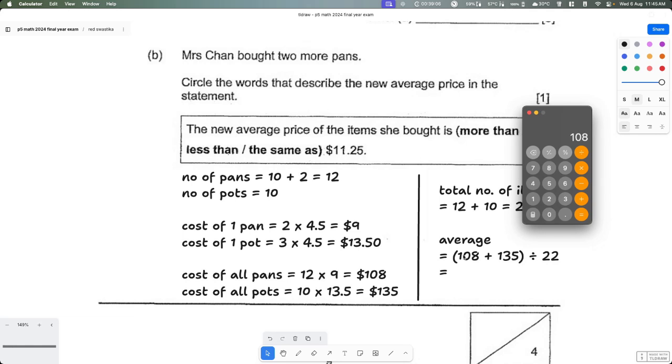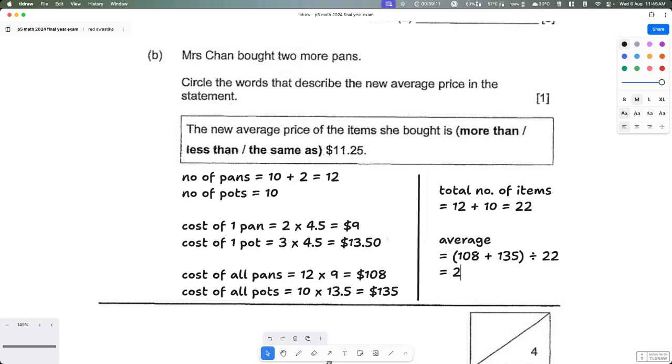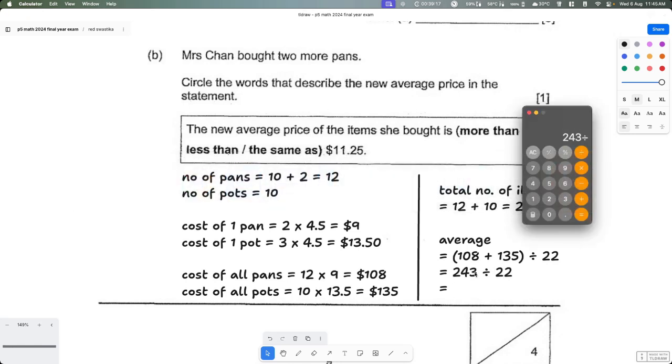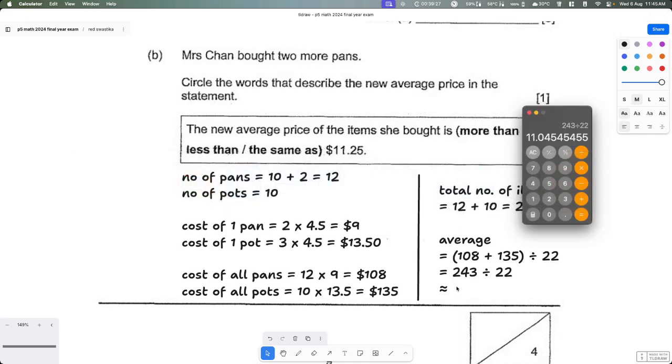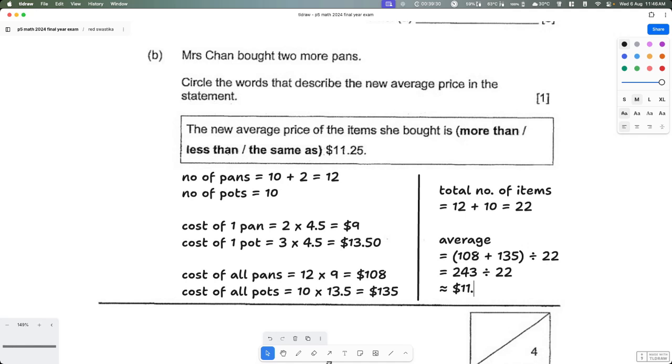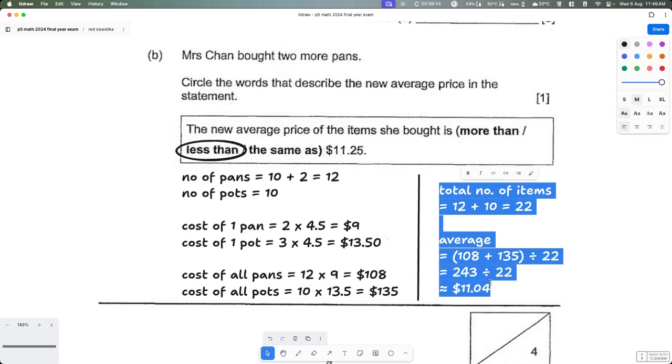So 108 plus 135 is equal to 243. 243 divided by 22 will give us roughly $11.04. So this means it is less. We're going to circle the words less than in this case. Alrighty, let's move on to the next question.